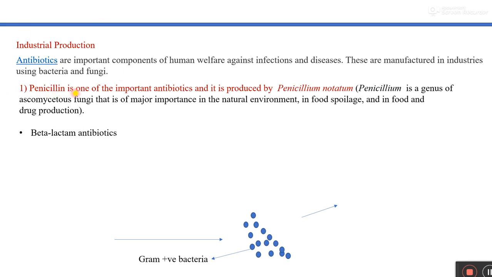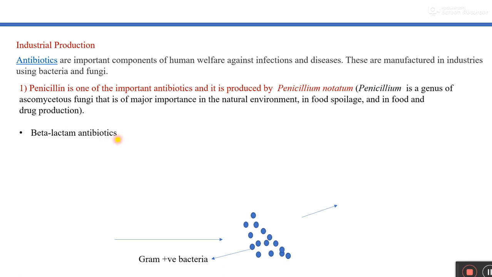And penicillin is one of the important antibiotics, and it is generally produced by the fungus known as Penicillium notatum, right? And it is a beta lactam antibiotic. Why is it known as a beta lactam antibiotic?